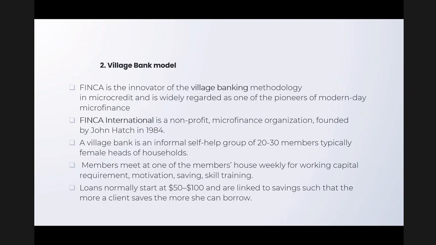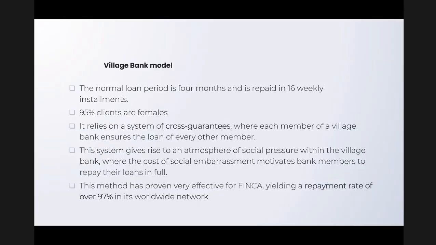And these 20 to 30 members conduct a weekly meeting at the house of any one of the members for motivation, for working capital requirement, and for training. The more a member saves, the more that member will be entitled to borrow. The normal loan period is 4 months and is repaid in 16 weekly installments.